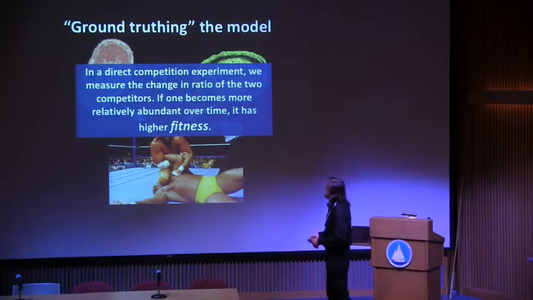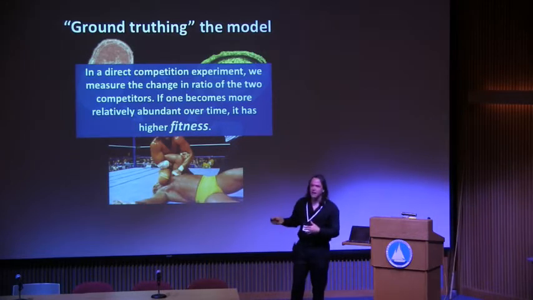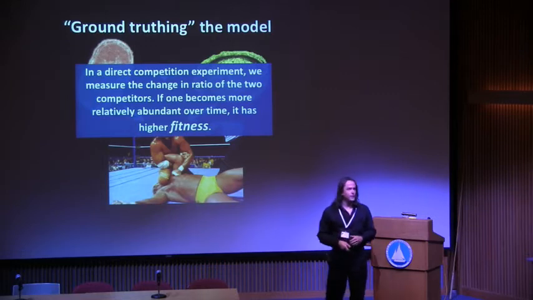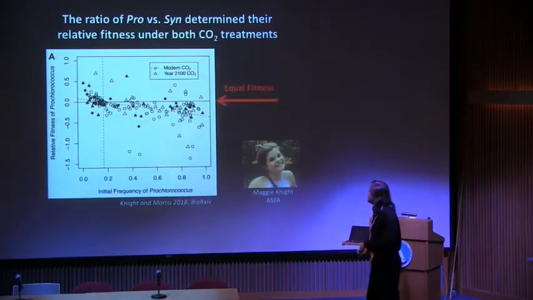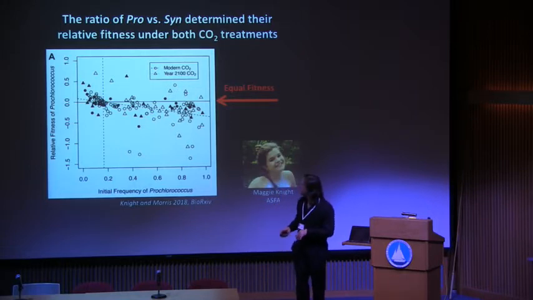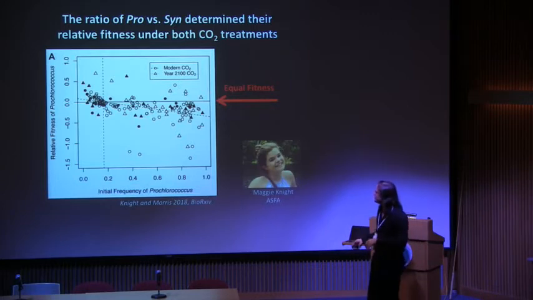Okay, so we expected, because of Prochlorococcus's reduced growth rate at high CO2, that when we did these competitions at high CO2, Syn would basically wipe the mat with Pro and it would go extinct. This is totally not what we found. We found, and this is a very unexpected finding, that the initial ratio determined the outcome of the experiment.